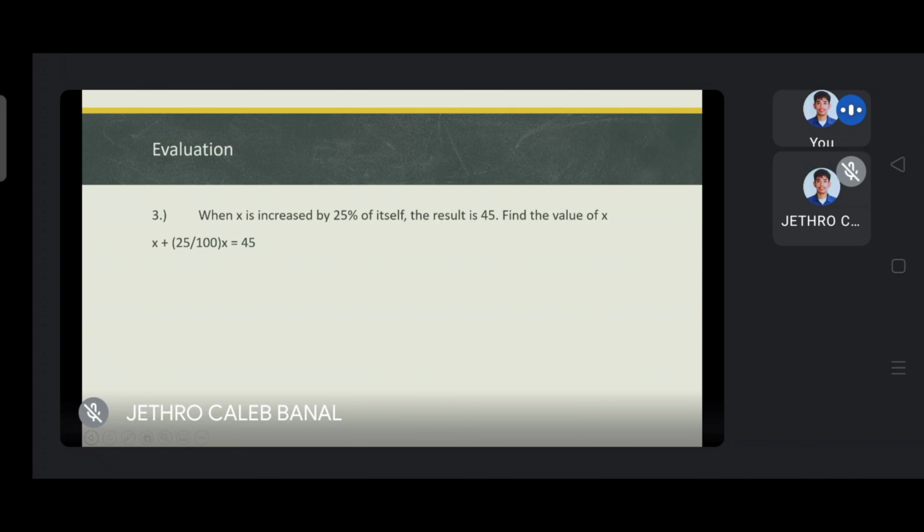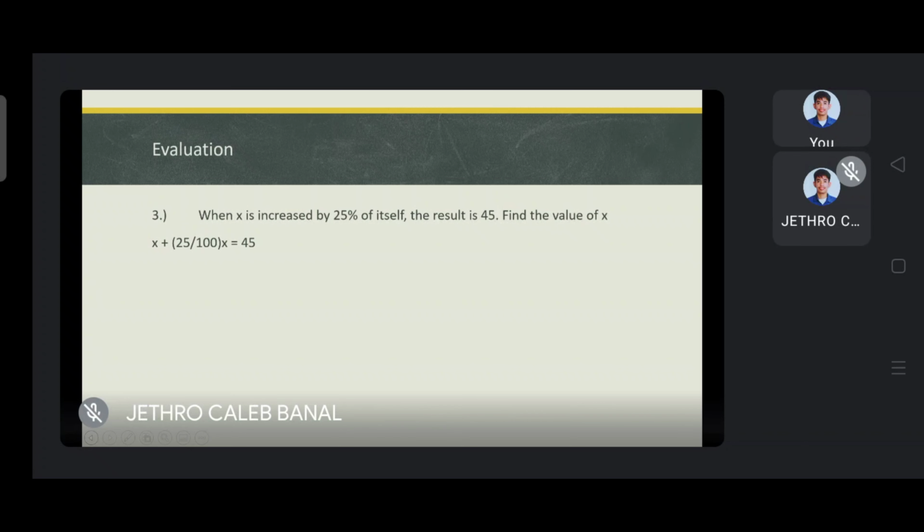May 1 dyan sa x. Hindi lang nakalagay dahil hindi na natin nilalagay. We can rewrite it as 100 over 100. 1 is the same as 100 over 100. Kapag nire-write natin ng 100 over 100 yan, mapagko-combine na natin yung 100 over 100 times x plus 25 over 100 times x.